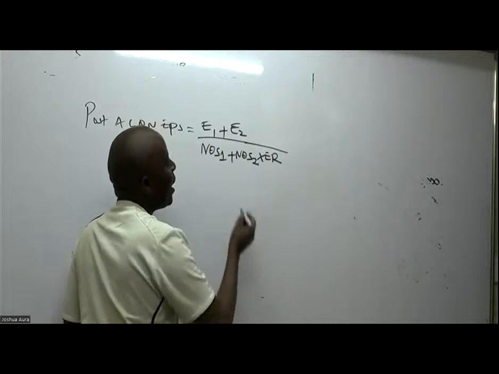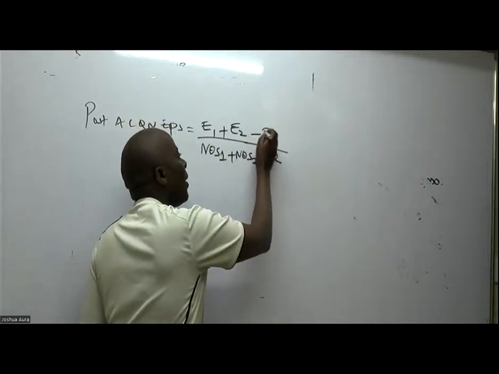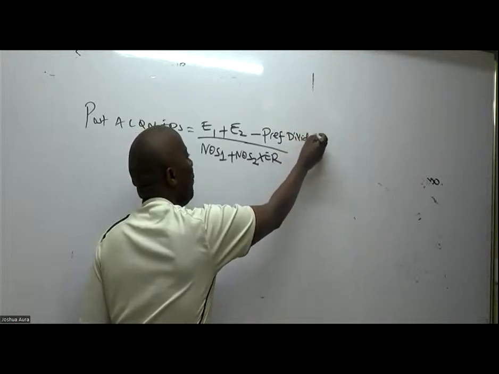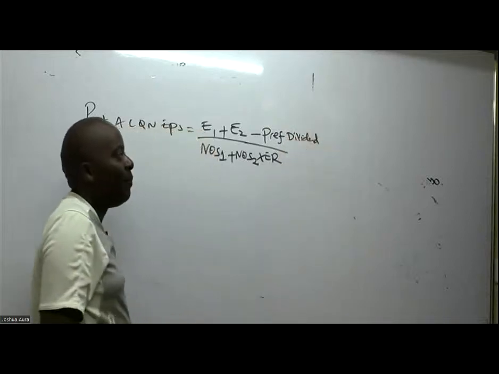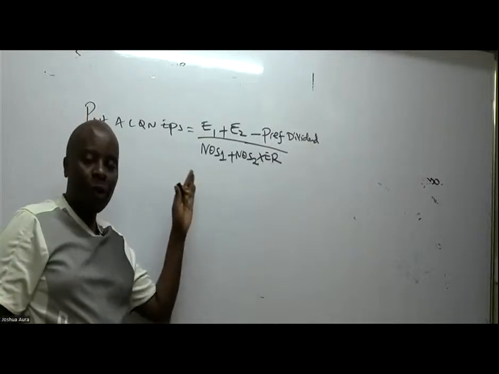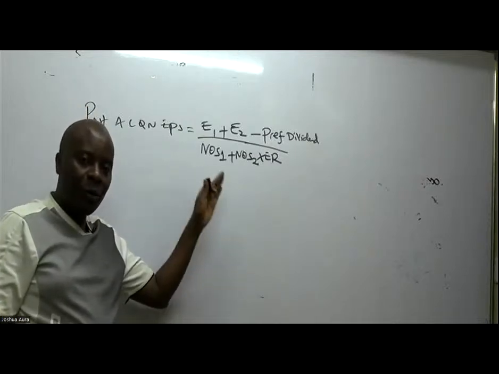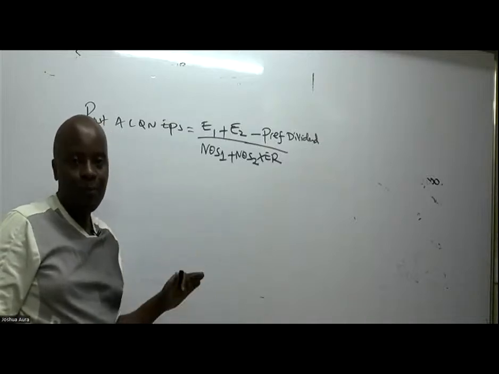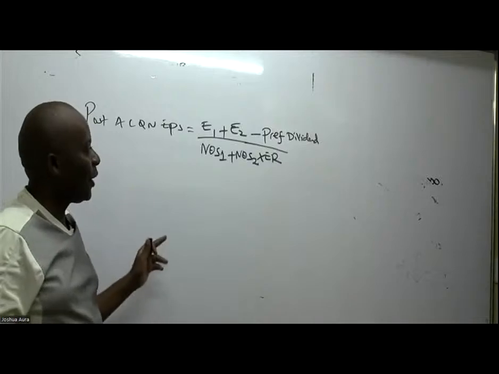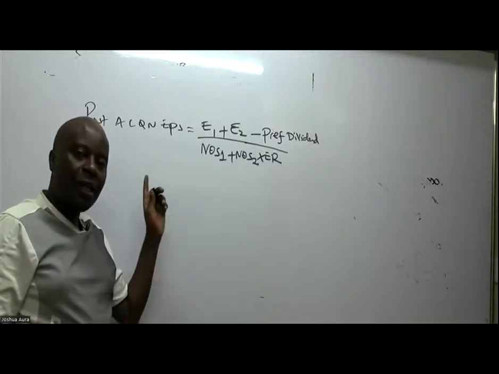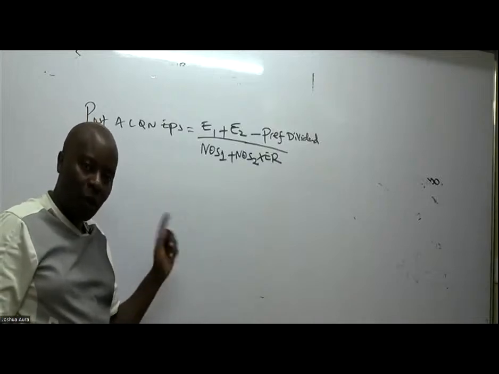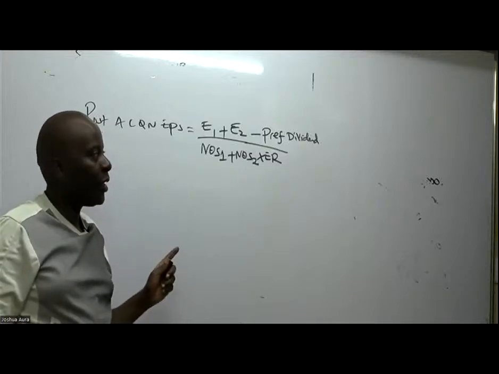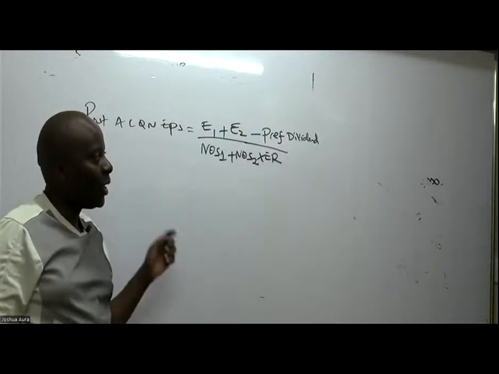But now there is something here that you need to first of all pay preference dividends before you decide to distribute the profits attributable to ordinary shareholders out. So whenever they talk of preference share capital, this is how my formula will be looking like. Very important for you to know this, that we must introduce what we call the preference dividends up there.